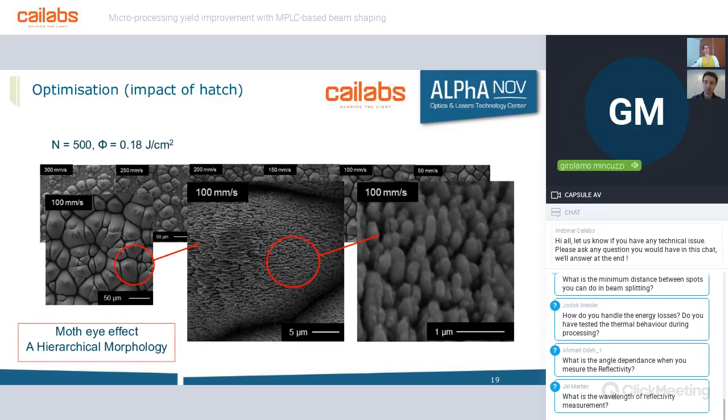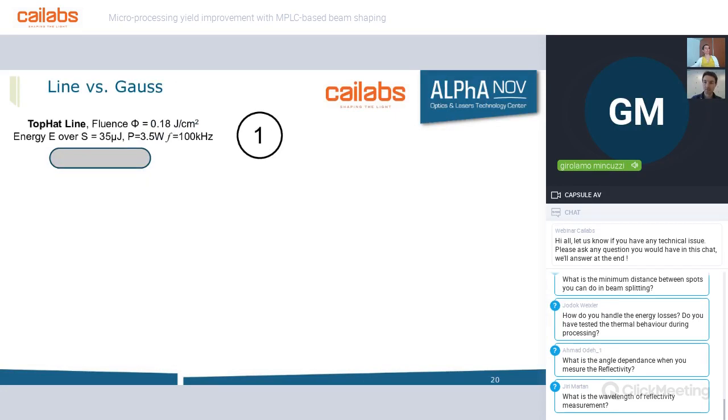Once the feasibility has been shown, we want to go more in depth and compare the results you can obtain with a line top-hat or a standard Gaussian profile. From one side we have what we have shown: a top-hat line with a fluence of 0.18 joule per square centimeter and an overall energy over the surface S of 35 microjoule, which corresponds to 3.5 watts, with a repetition rate of 100 kilohertz.